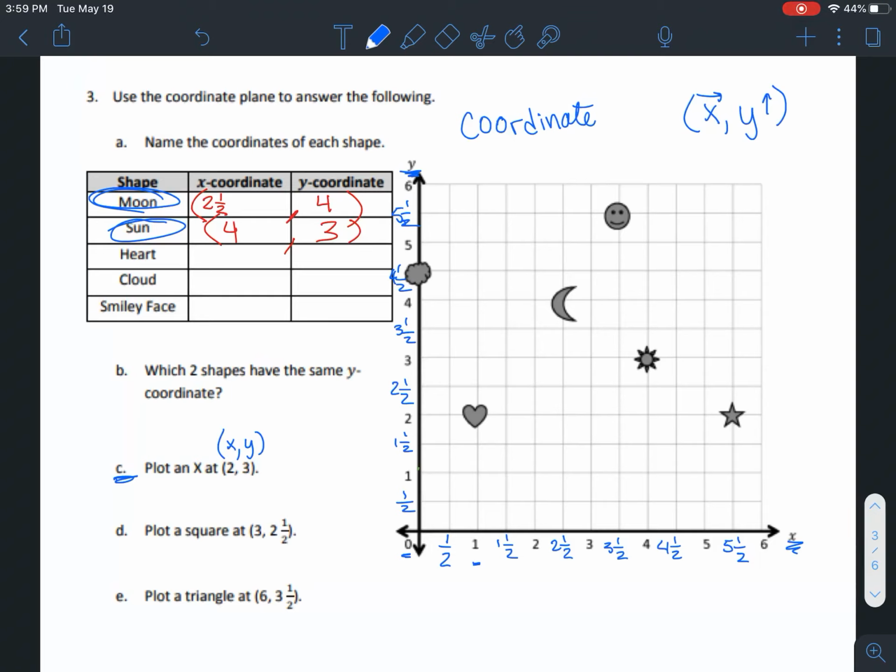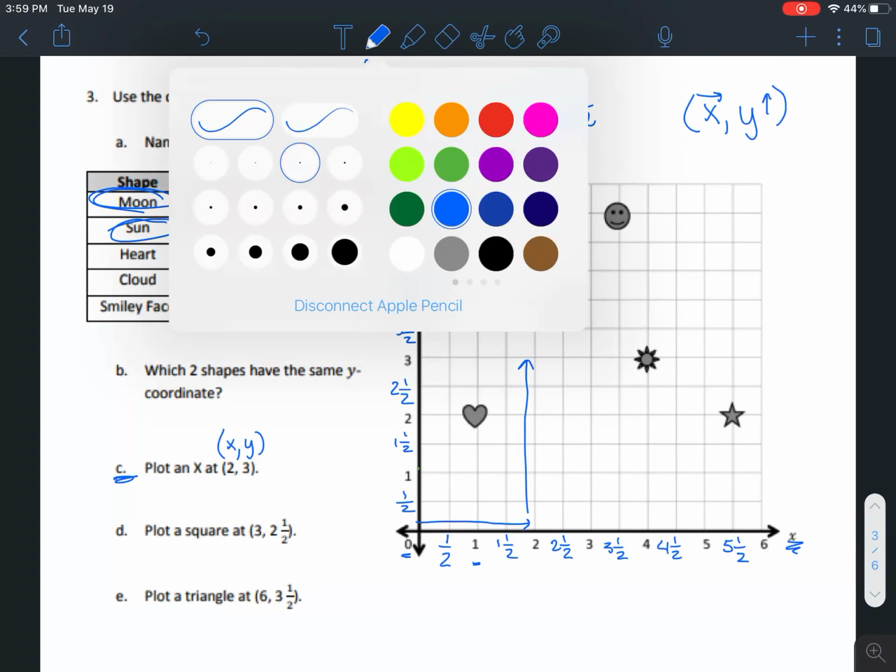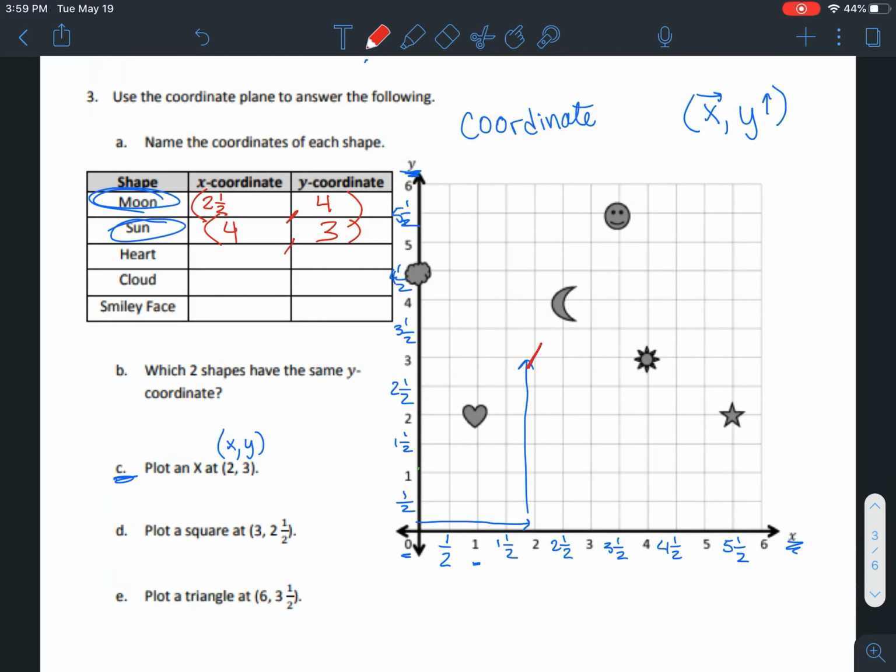So when they're looking for the spot of 2, 3, that means on the x line, or the x-axis, we need to go to 2. So I'm going to go over to 2. And then we need to go up to 3. The coordinates 2, 3 are right here, and I can label that with an X.